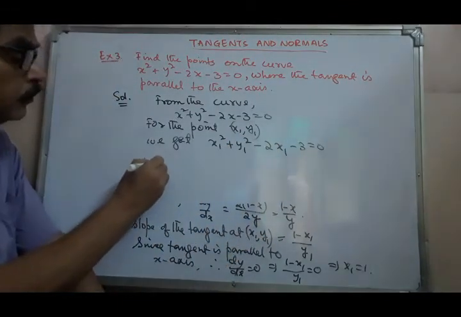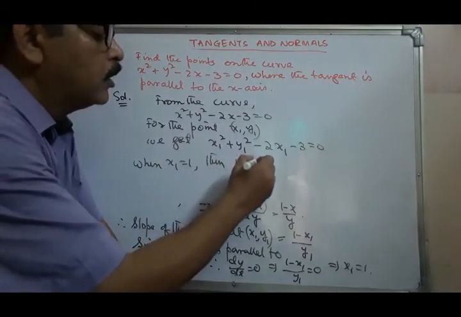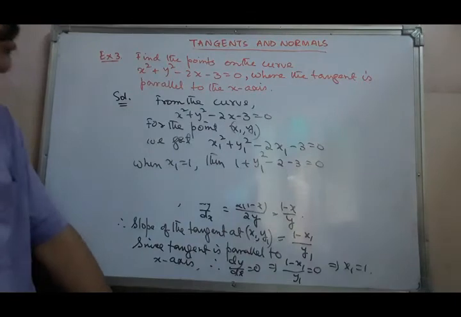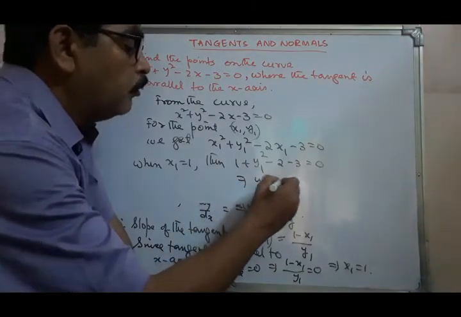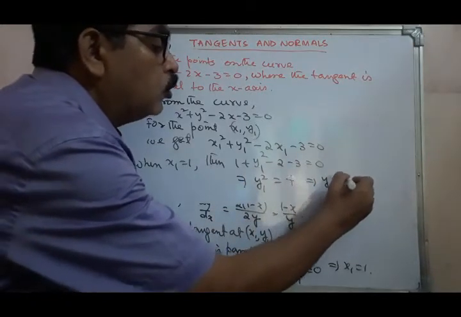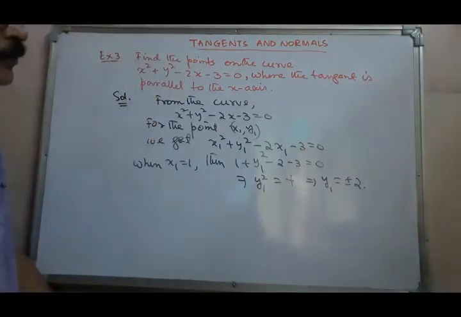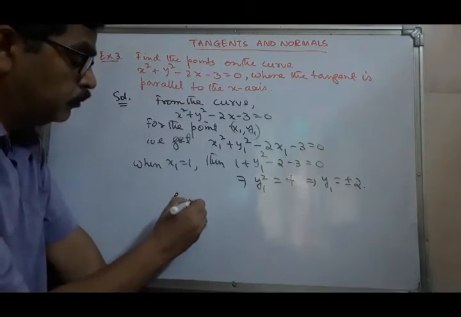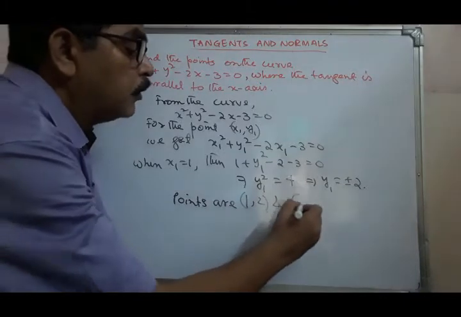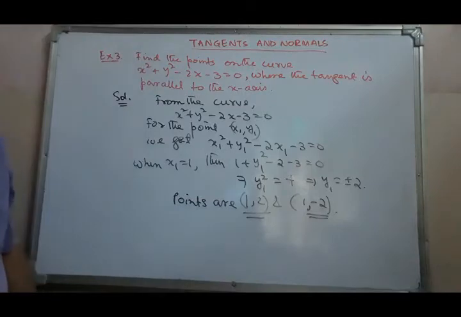When x1 equal to 1, then 1 plus y1 square minus 2 minus 3 equal to 0, implies y1 square equal to 4, y1 equal to plus minus 2. Therefore points are (1, 2) and (1, minus 2). So this is the answer.